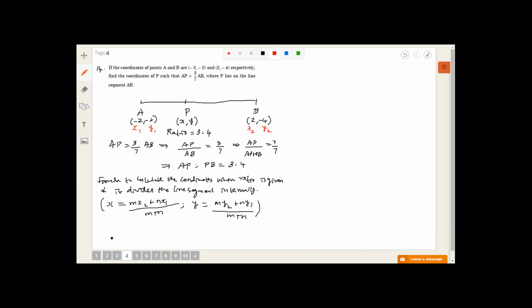Now substituting the value, we get x is equal to, it is divided in the ratio m is to n, so m will be 3 and n will be 4.